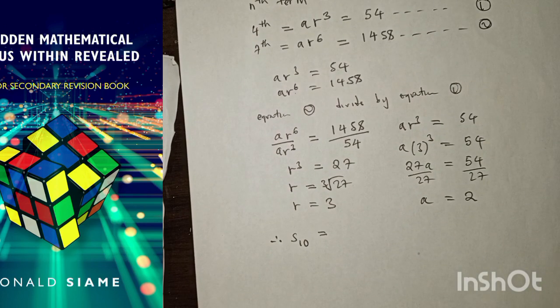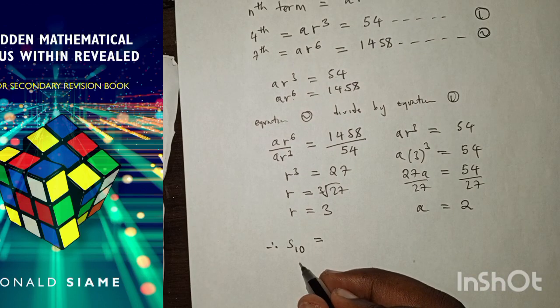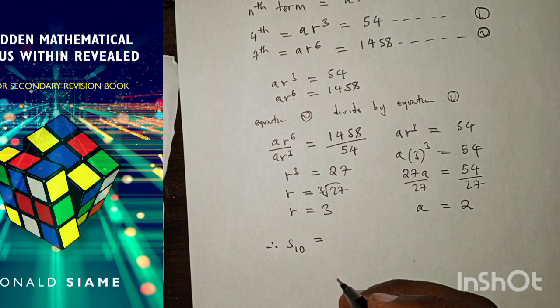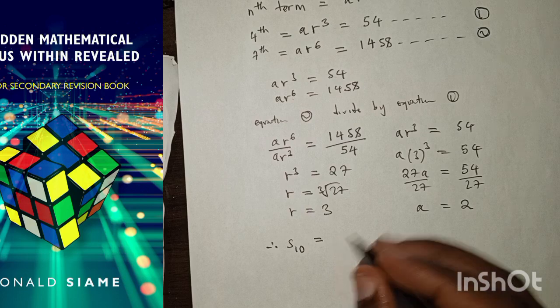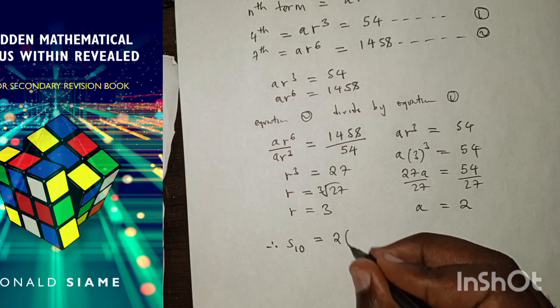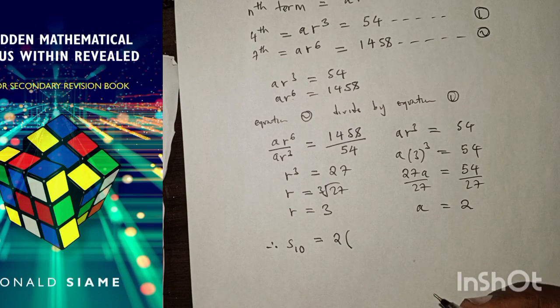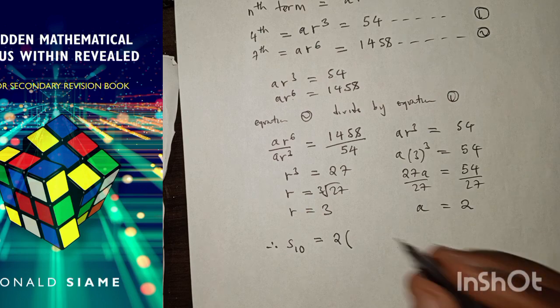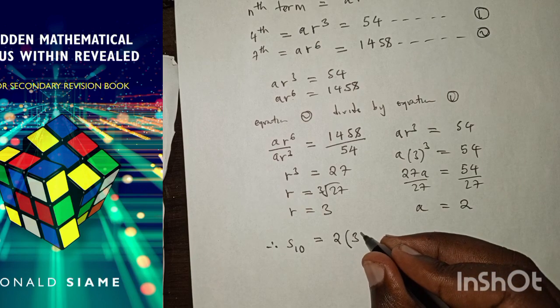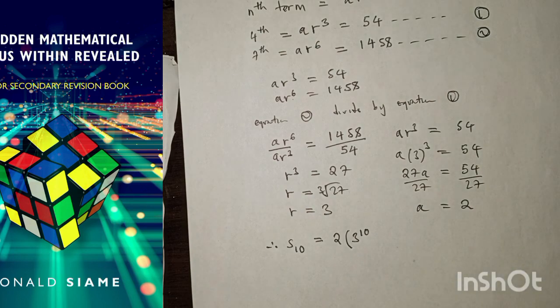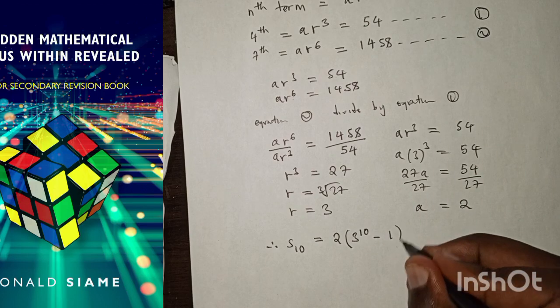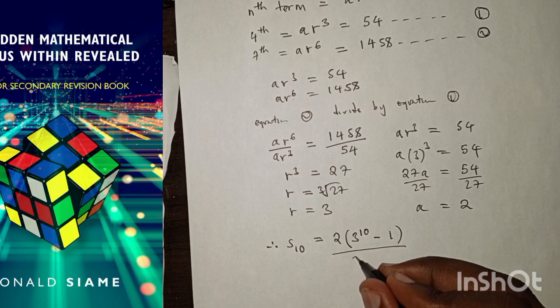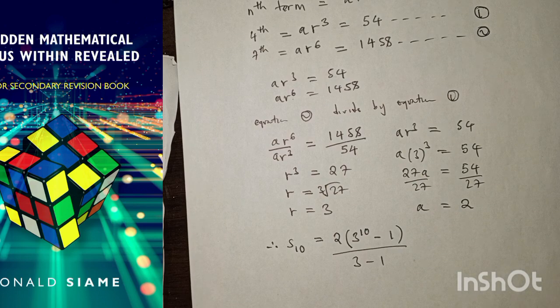Okay, so we have S sub 10, that is n is 10, a is 2, so 2, in brackets we have r to the power n, r is 3, n is 10, so 3 to the power 10 minus 1 over 3 minus 1.